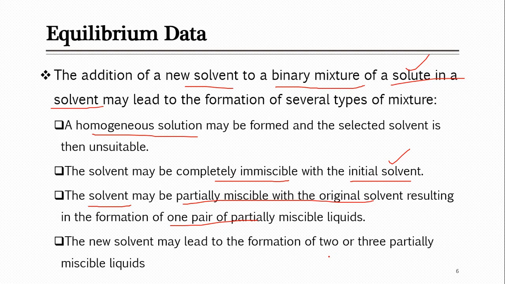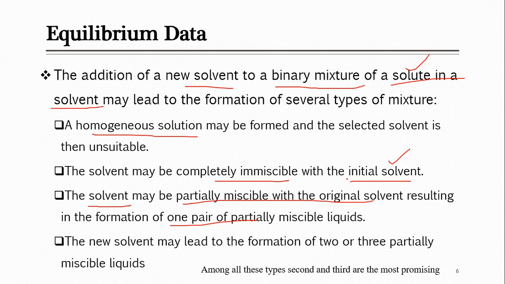There will be no separation in the first case. When you look at all these types, the second and the third are most promising and commonly used, and out of those, the third one is the most common case. In the second, the solvent may be completely immiscible with the initial solvent.